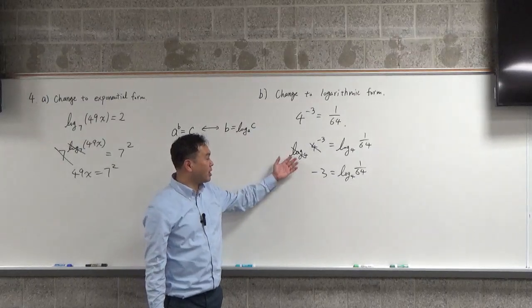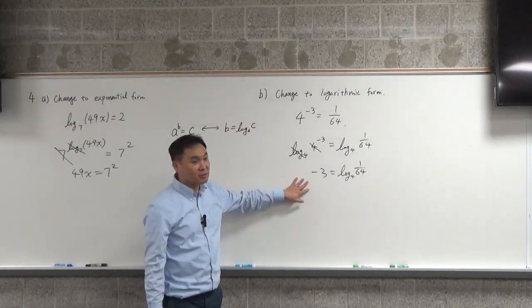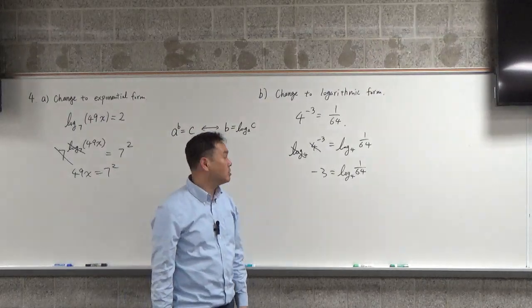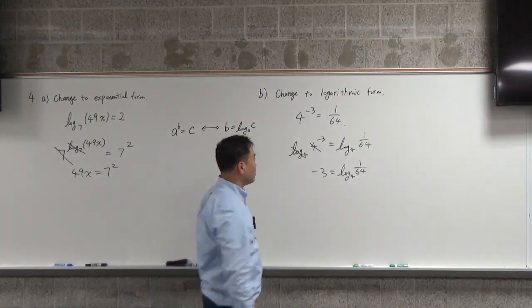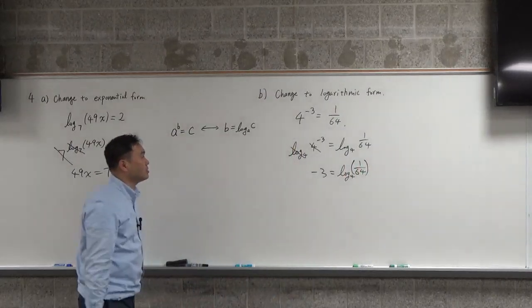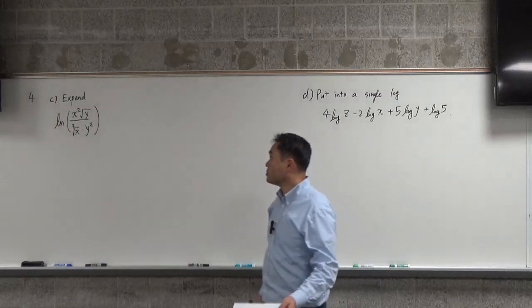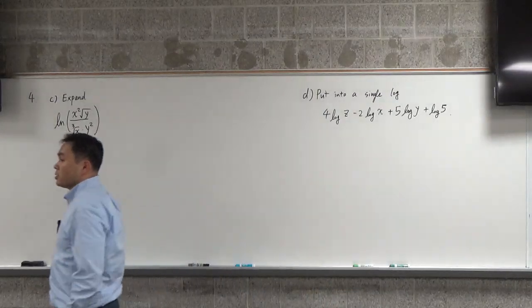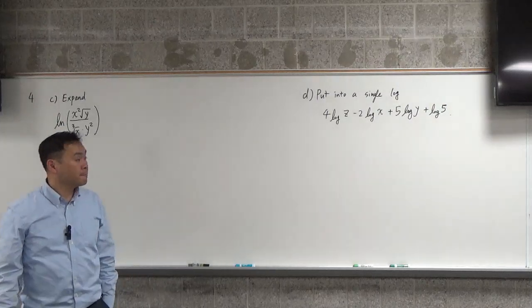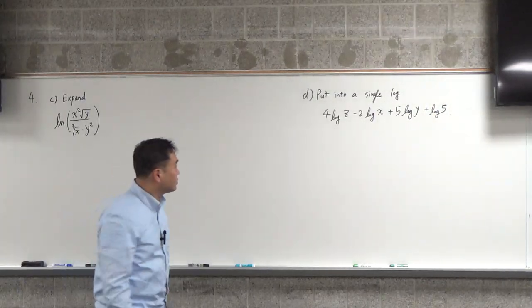You just stop right there. After canceling the log, that's it. Does it matter if you use brackets or not? You could put them here, that's fine. Is that Z? Z, yeah, Z.